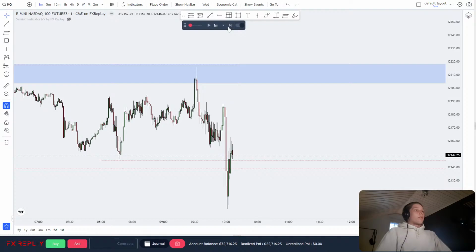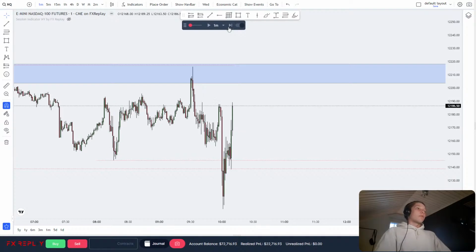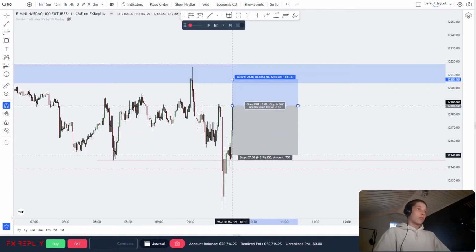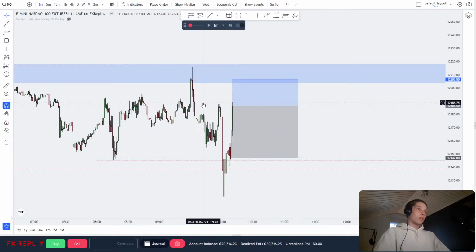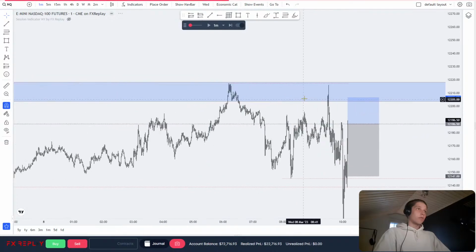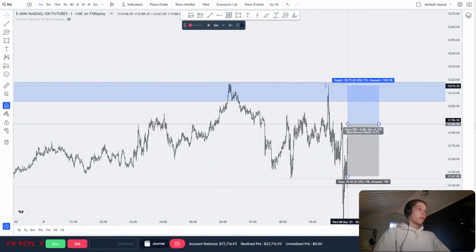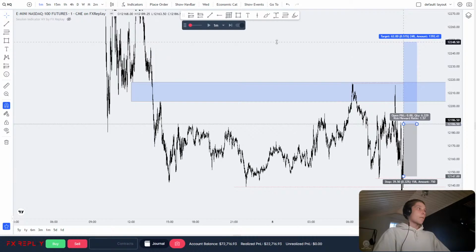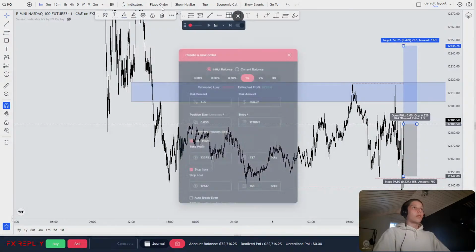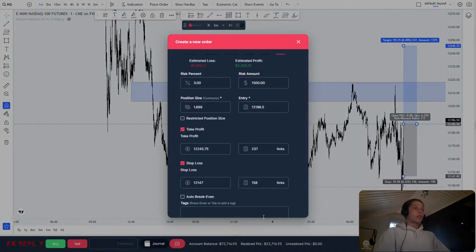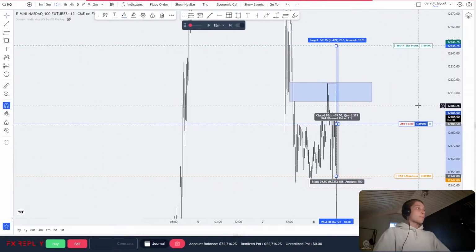Unfortunately, nothing there. I could consider longs. Okay, so this is a bit of an odd one because that ends up sweeping all these internal highs, but we got equalized there. I would target like 1.5 R into this range. So let's look back.